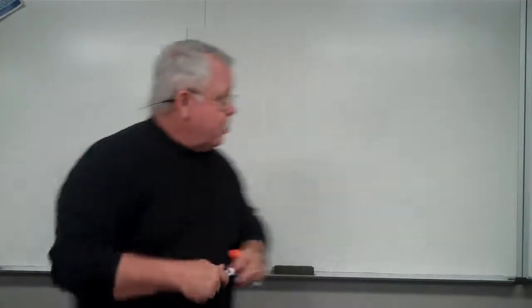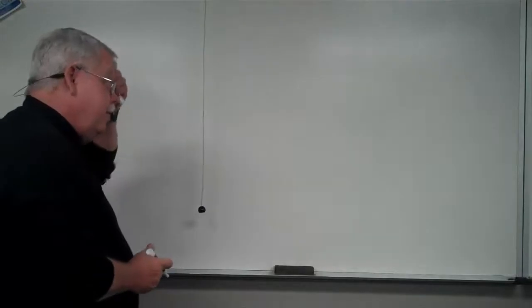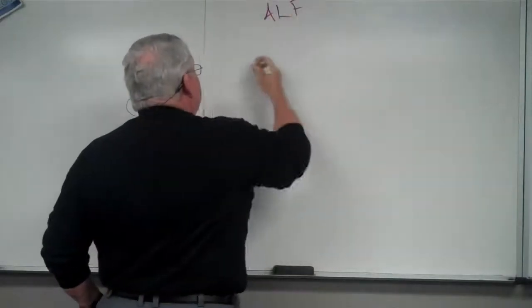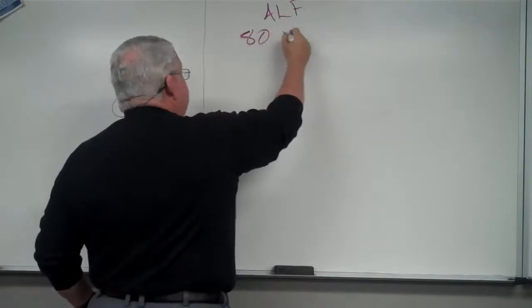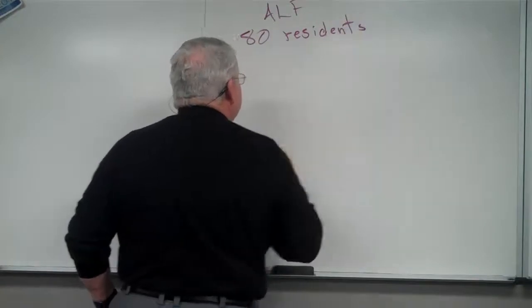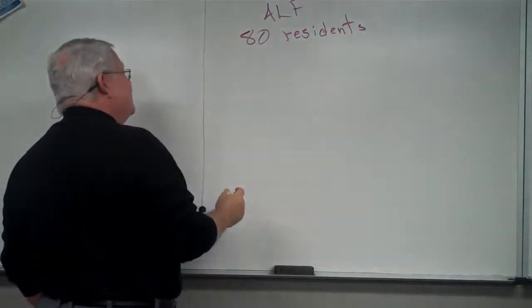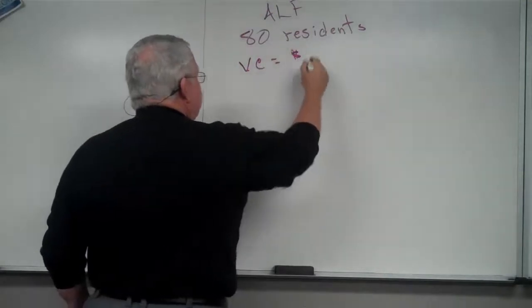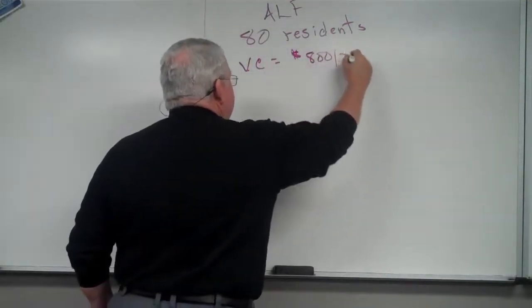All right, let's try this one more time. A little different venue. You've got an assisted living facility. You've got beds for 80 residents. Your variable cost is $800 per month per resident.